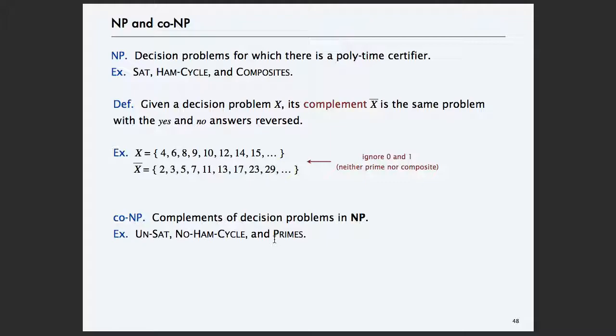It's a decision problem. A problem is a set of strings, just that the set's infinite, so you specify it with an algorithm. And so co-NP is the complement of that set. So it's the set of all strings where the other algorithm would return no, or the other algorithm wouldn't return yes.